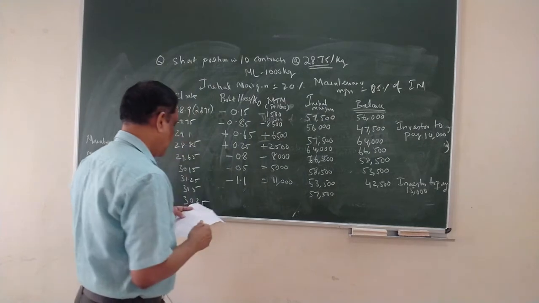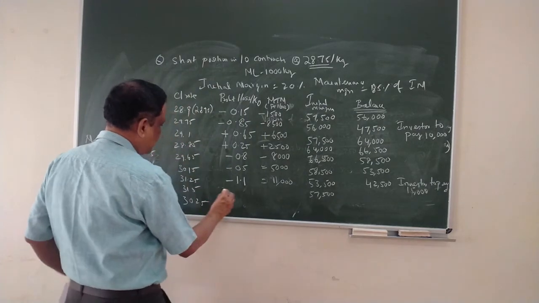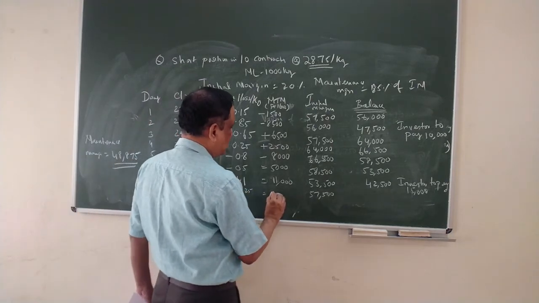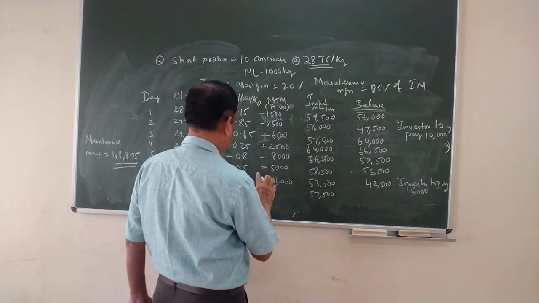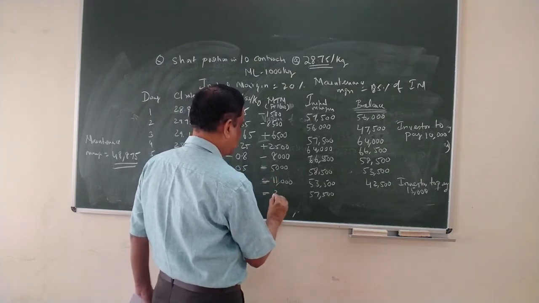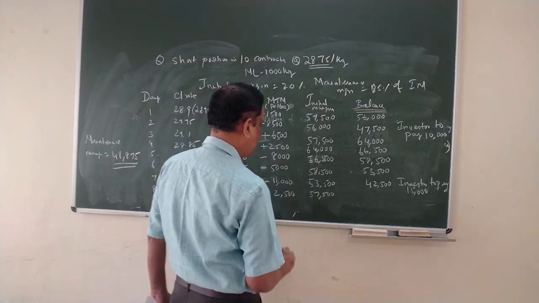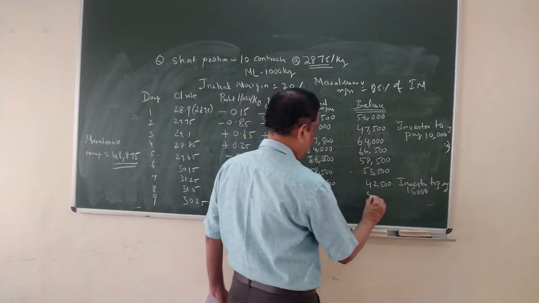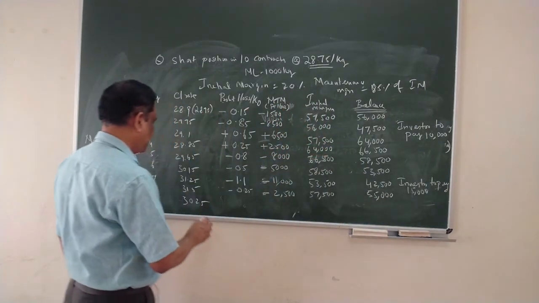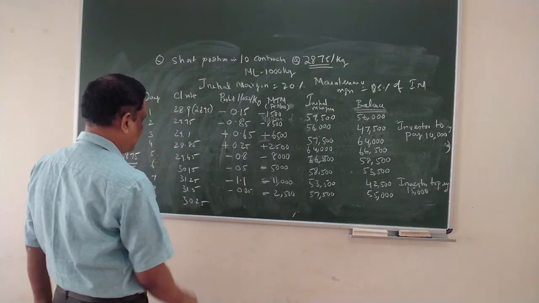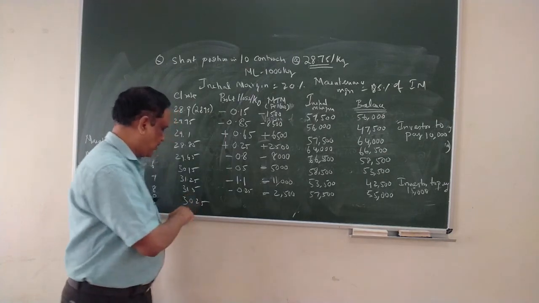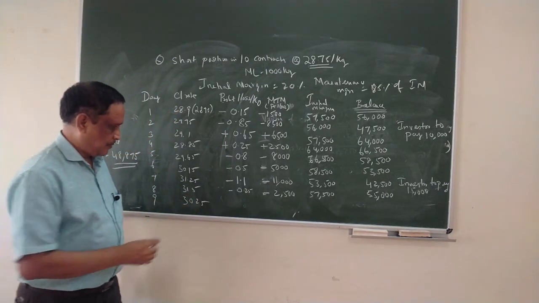Now at 31, again there is a loss of minus 0.25, which is minus 2,500. His balance will become 55,000. And finally, on the 9th day, the price falls by 1.25, from 31.5 to 30.5.